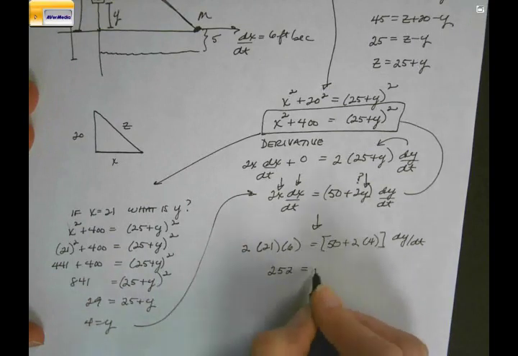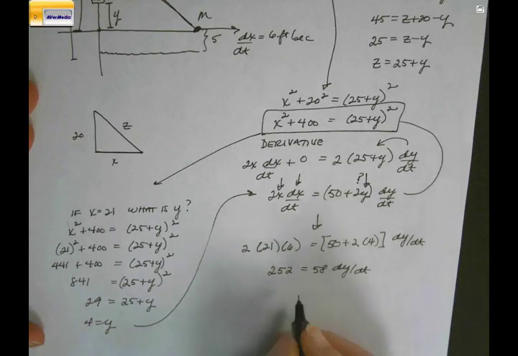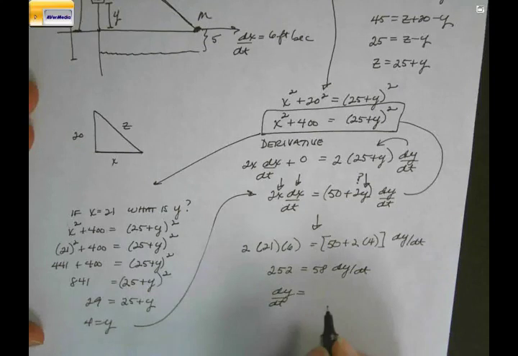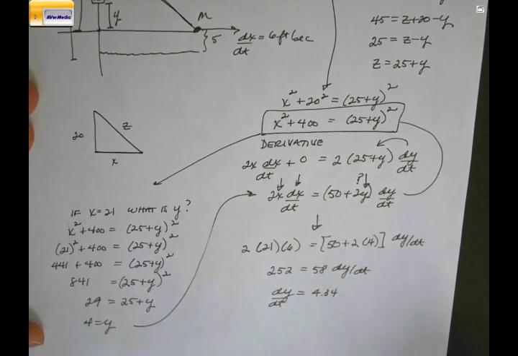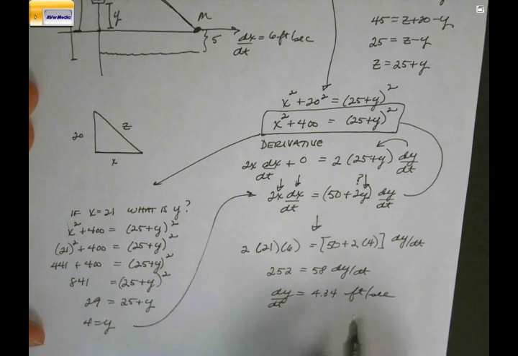And this is 50 plus 8, which is 58. So divide both sides by 58, you're going to probably get a decimal. Okay, 4.34 something. What is that? Feet per second.